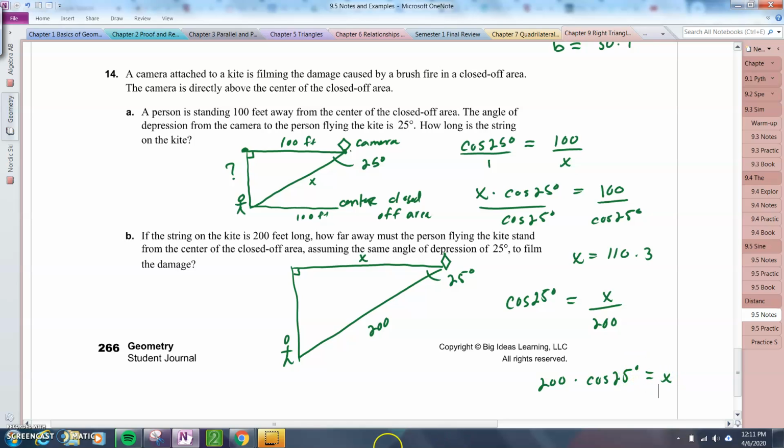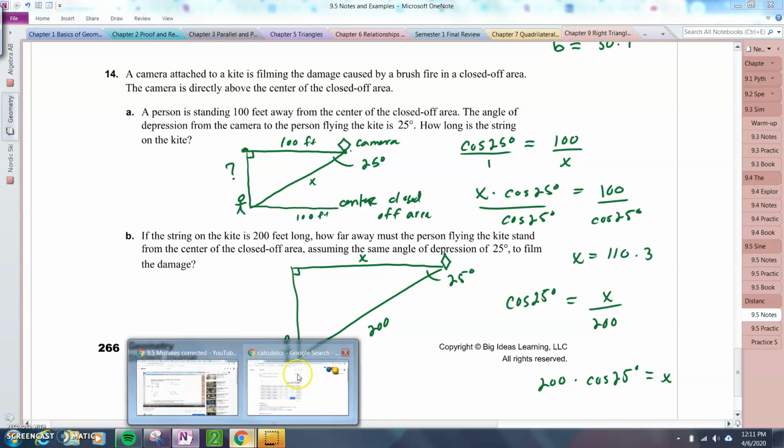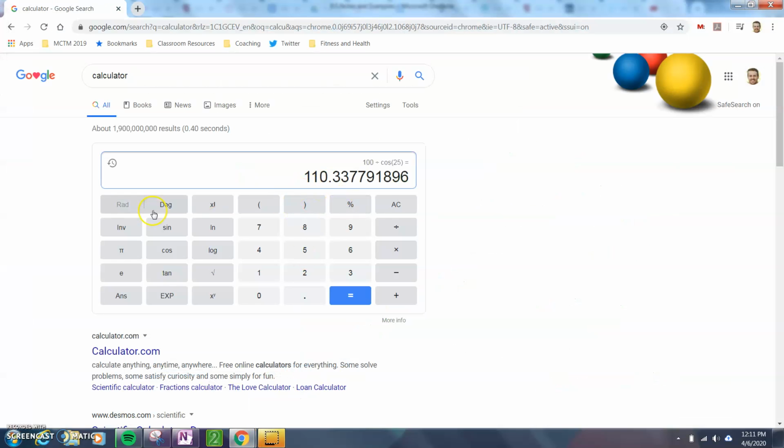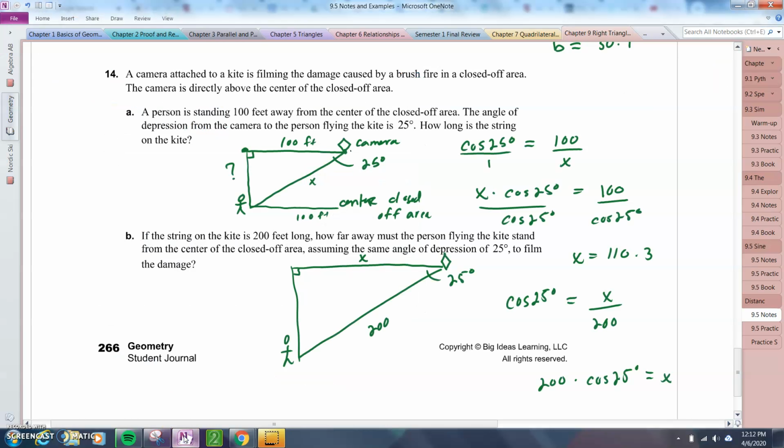Okay, so let me go back to my calculator and figure this out. 200 times the cosine of 25 degrees is 181.3.